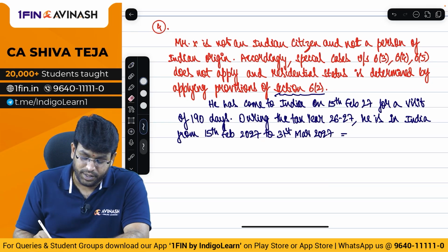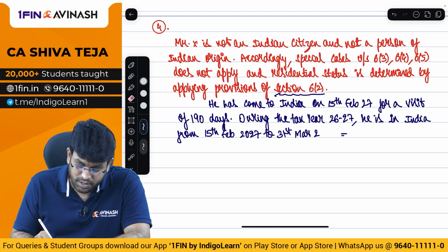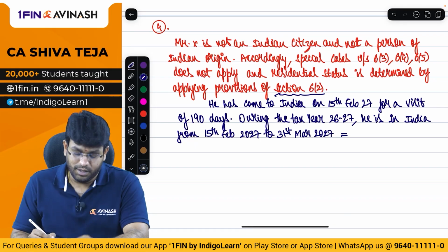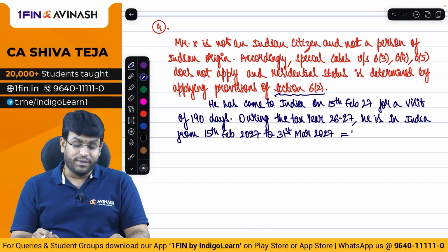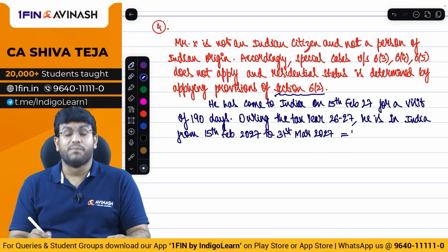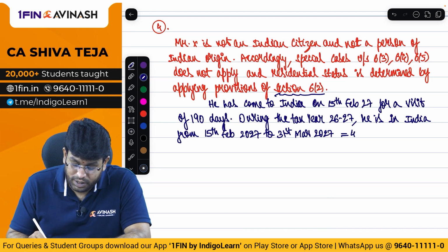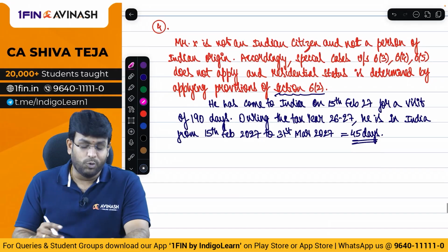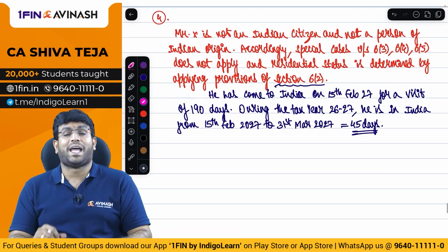How much is it coming to? February 14 days plus 31 days in March, which is coming to 45 days. That's it. He is in India only for a period of 45 days during the tax year.